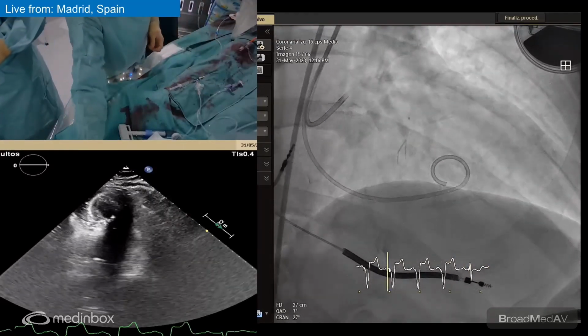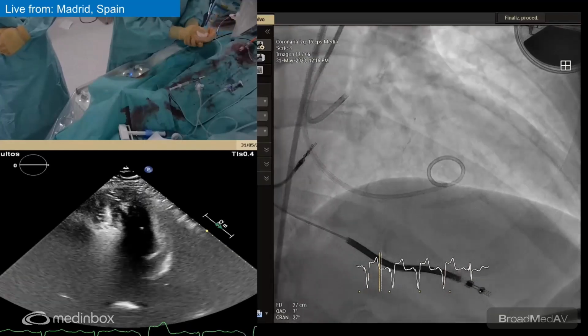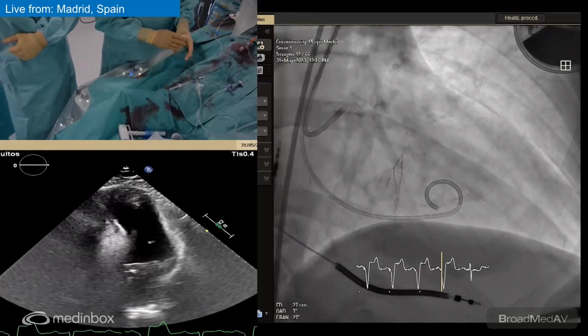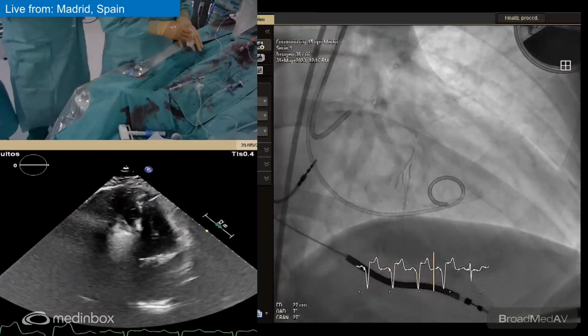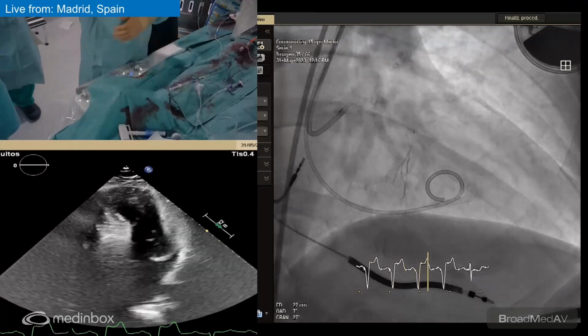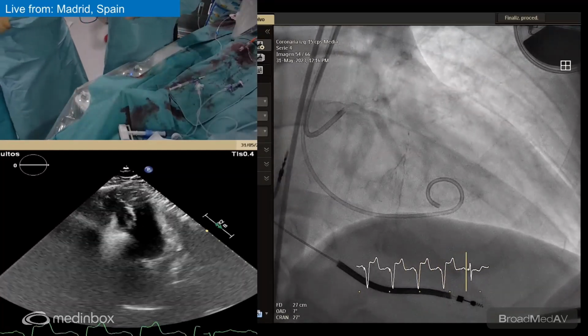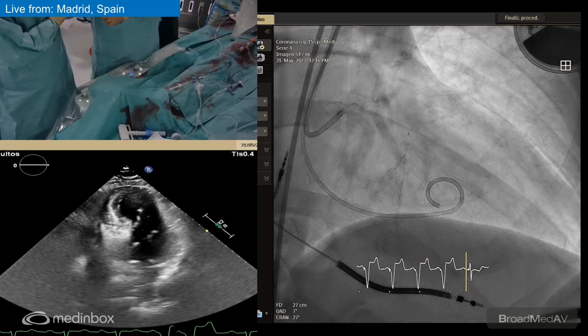We are missing giving the patient some fentanyl, or how much? Okay, because this is a little bit painful, and the thing is how much alcohol should be administered. How much?